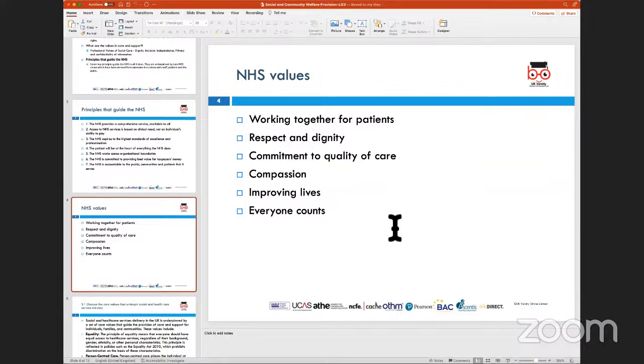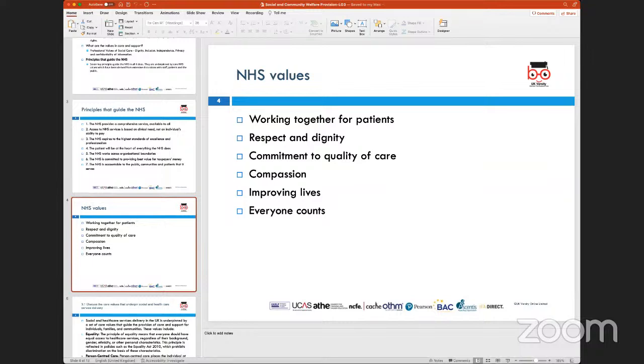The main aim of the National Health Service is to improve lives. And it needs to work and provide these services for everyone within the society. It cannot choose that it is going to just provide service to this particular member or that particular member. It has to be able to provide these services to everyone living within the society or living within Britain.